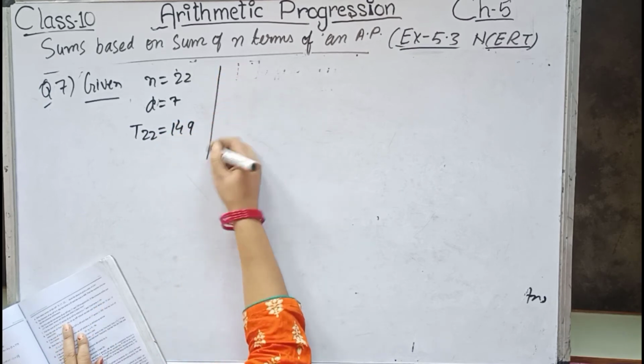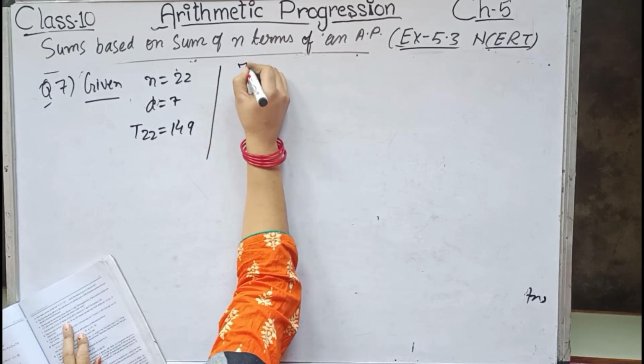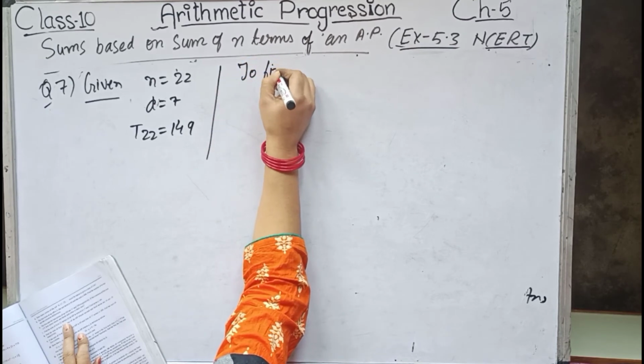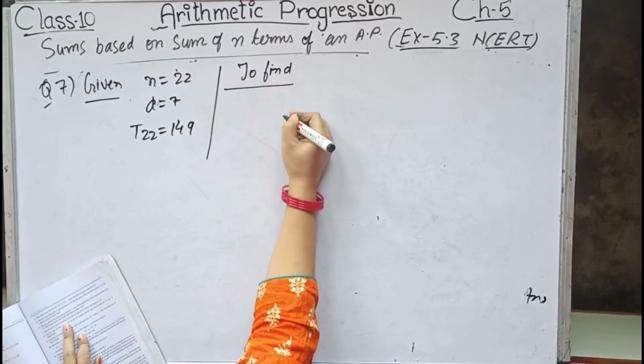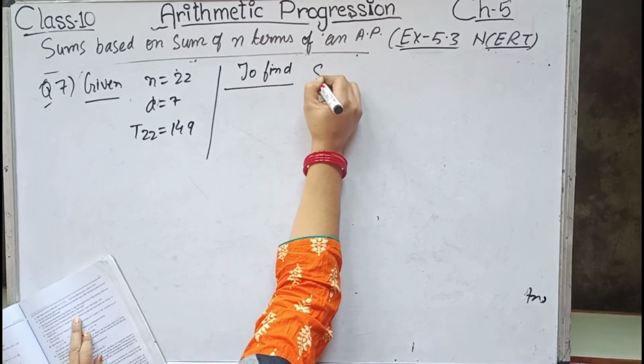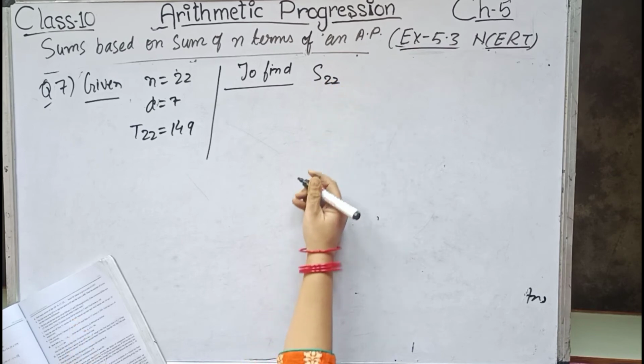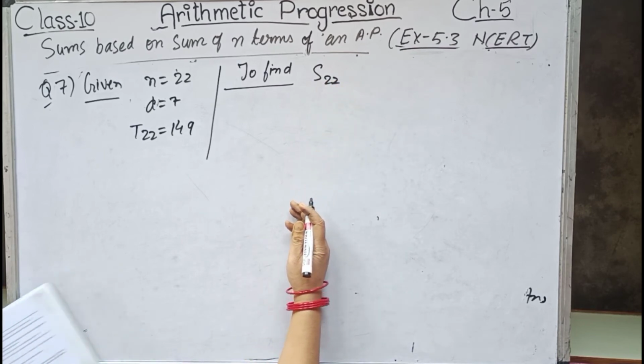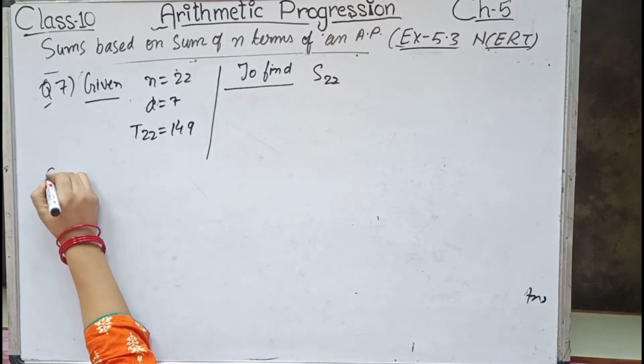And what we have to find? To find the sum of the first 22 terms of an AP. So S22 of an AP, only S22 we have to find. So let us start the solution.